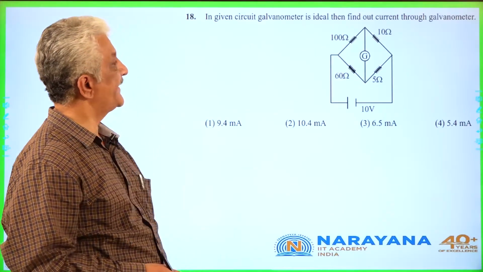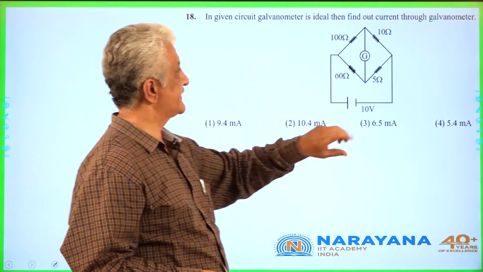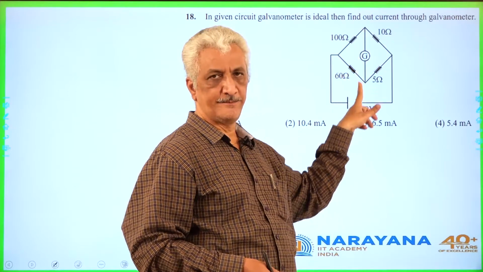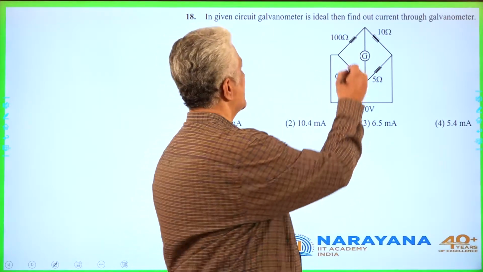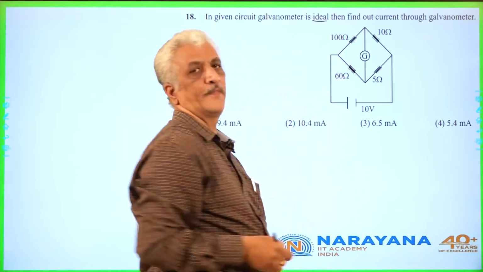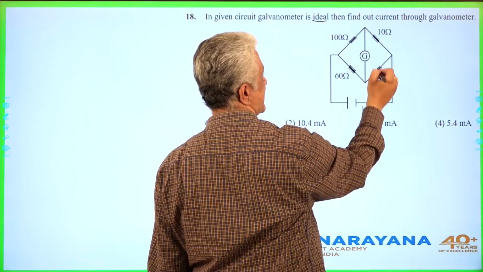Next, the 18th one, a somewhat lengthy question, and it is given that this particular galvanometer has no internal resistance, meaning the galvanometer is ideal. When the galvanometer is ideal, these two are in parallel, these two are also parallel.